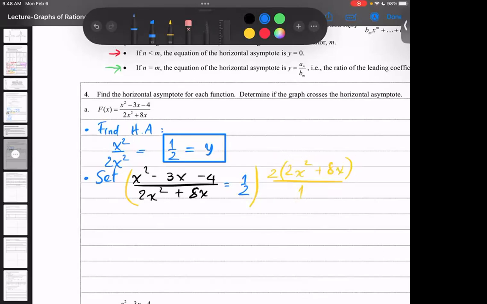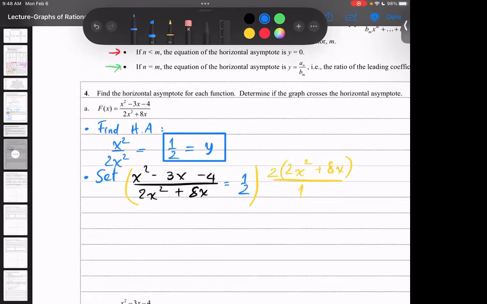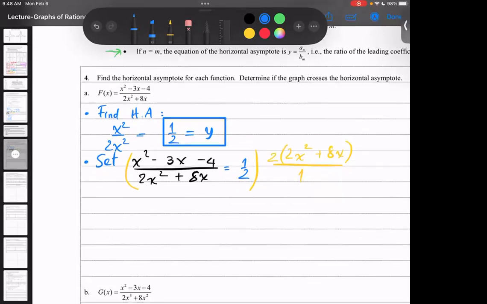And then you distribute that yellow thing to the left hand side. 2x squared plus ax cancel. So what's left? 2, right, times x squared minus 3x minus 4. And then you distribute that to the right hand side. The 2 cancels. So what's left is 2x squared plus ax.